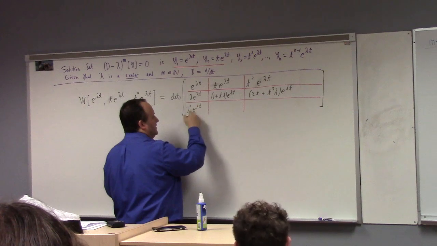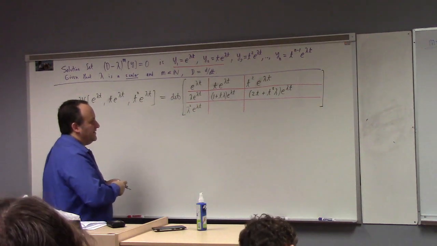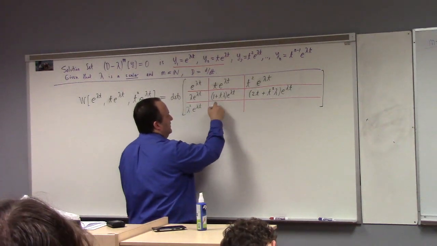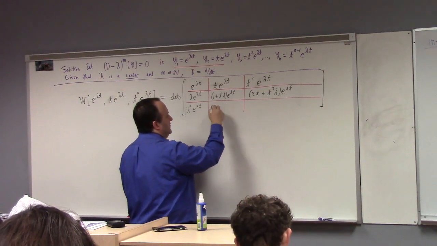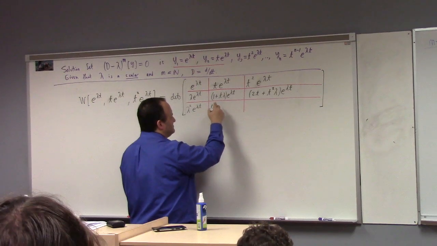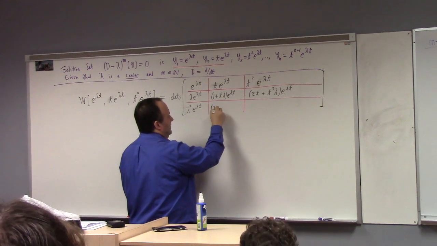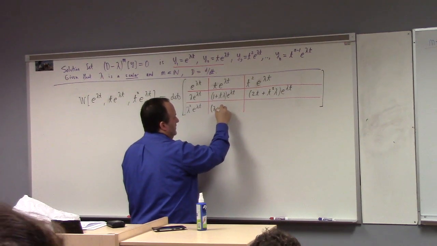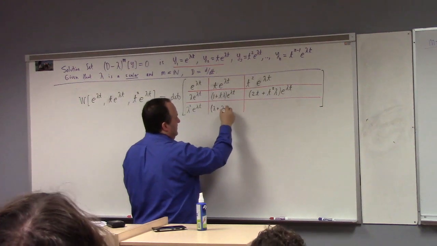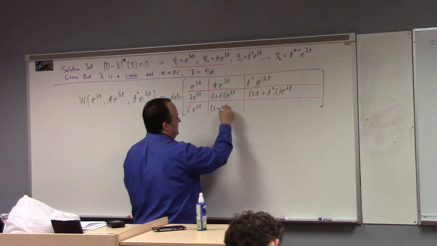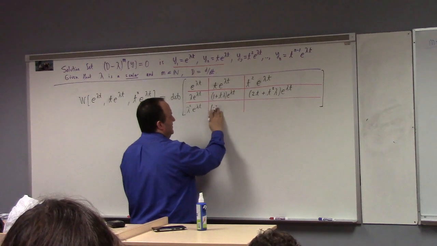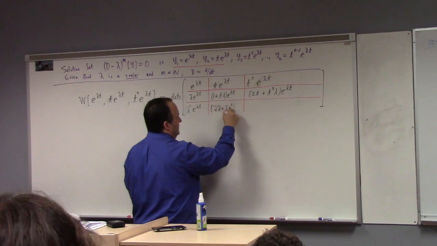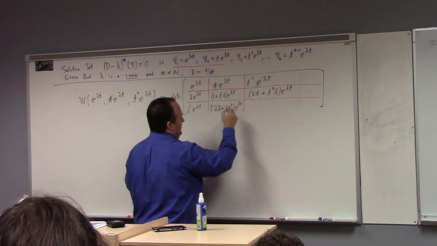I could do this one all day long. Keep differentiating. Yay. I've got to think about it. So the derivative of the polynomial gives me a lambda, and then I get plus lambda times 1 plus t lambda, which ends up being lambda plus t lambda squared. So after the dust settles, I've got 2 lambda plus lambda squared t, I think. You guys work it out and double check me on that, yeah?